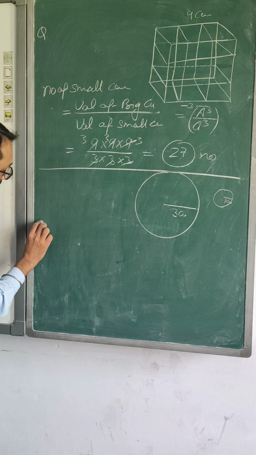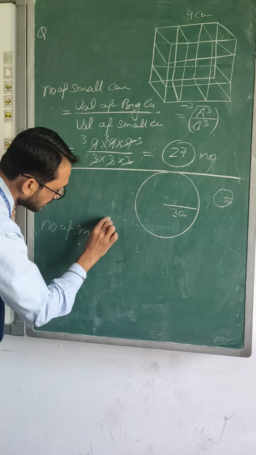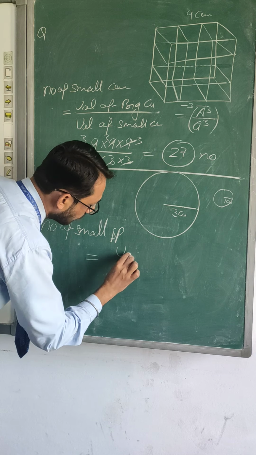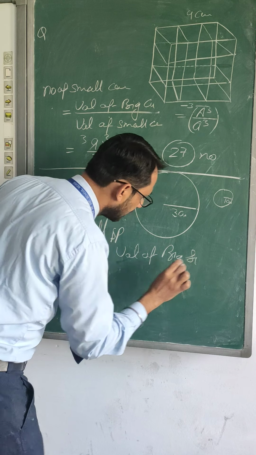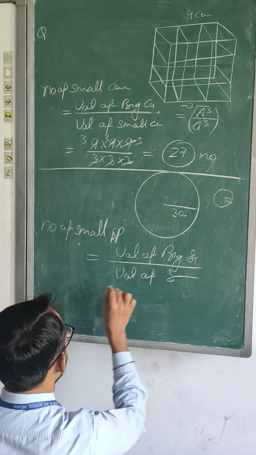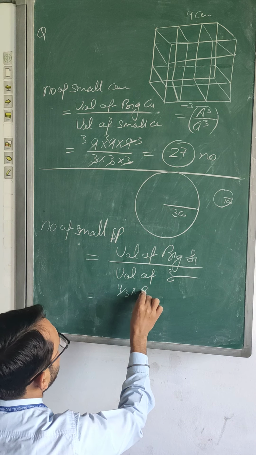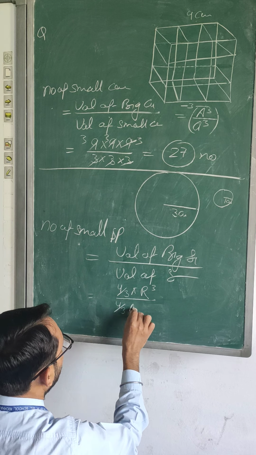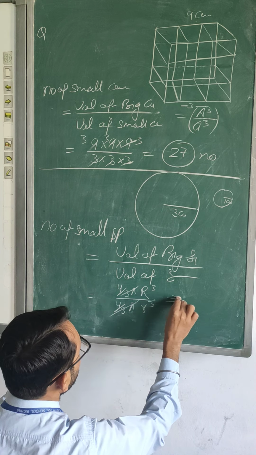So again the same thing: the number of small spheres is equal to the volume of the big sphere divided by the volume of the small sphere. The big sphere is 4 by 3 pi capital R cube, and the small is 4 by 3 pi small r cube. 4 by 3 pi cancels.